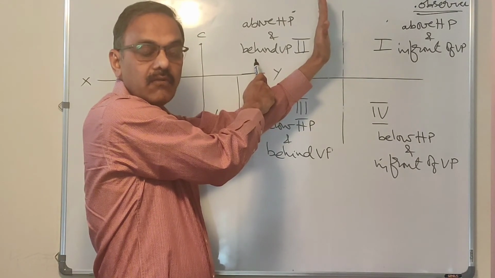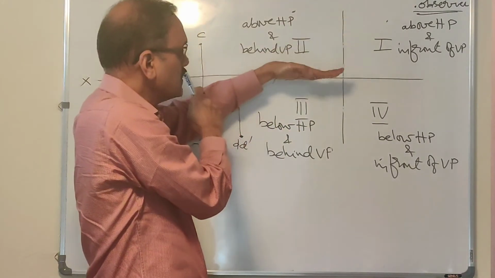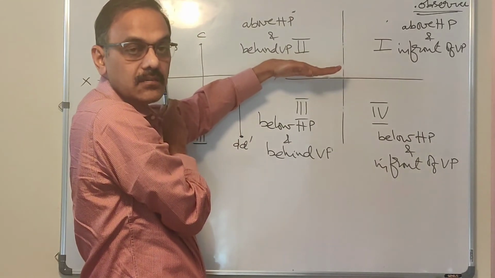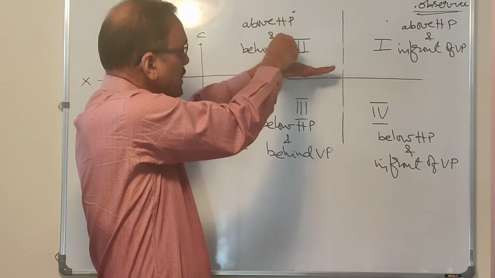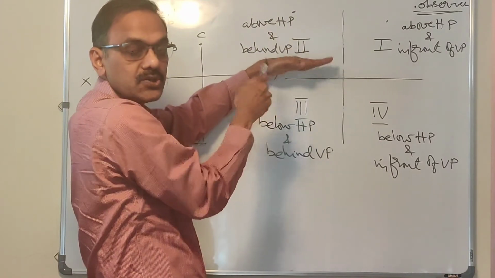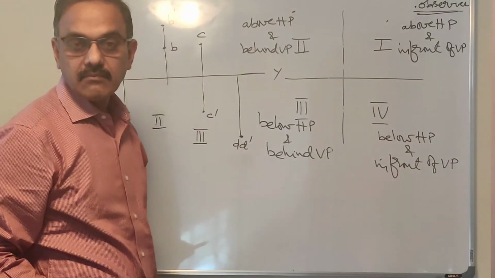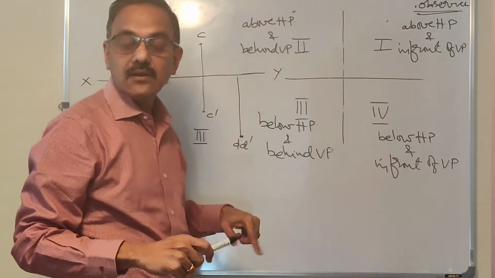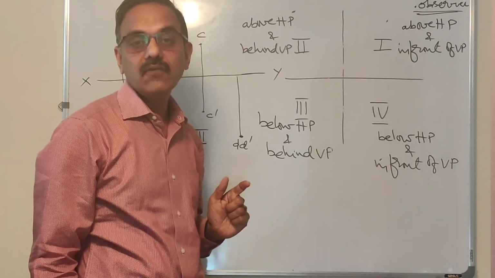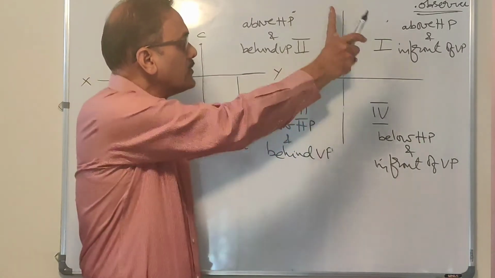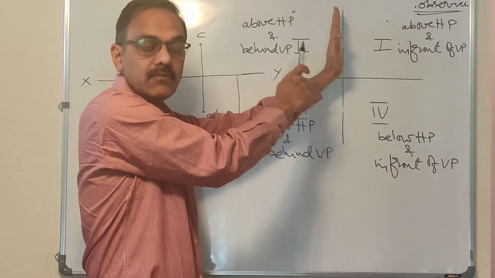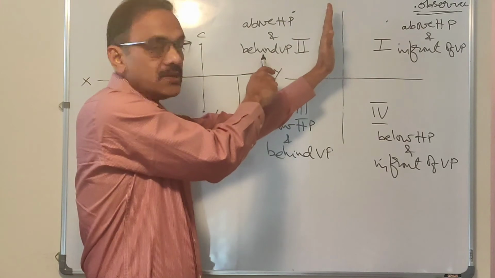But when you consider the top view, this is the horizontal plane that you consider. Observer is there on the top. Observer, object is coming in between, and this is the plane of projection. So the order is different for the front and top views. When you consider the front view, the order is observer, plane of projection is coming in between, and object is here.